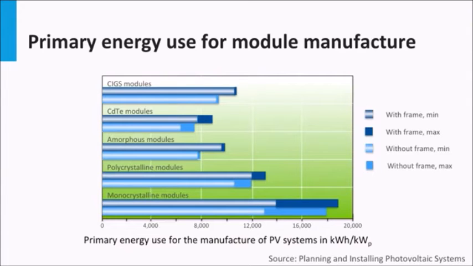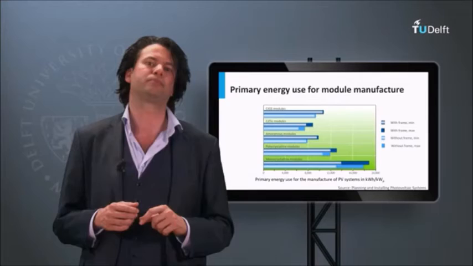As can be seen, the thin film technologies like amorphous silicon cost much less energy to be produced compared to the monocrystalline silicon, which can easily consume around 12,000 up to 18,000 kilowatt hours per kilowatt peak. Note that these numbers are often changing and would only read better as the manufacturing technology improves and the processes become more energy efficient.